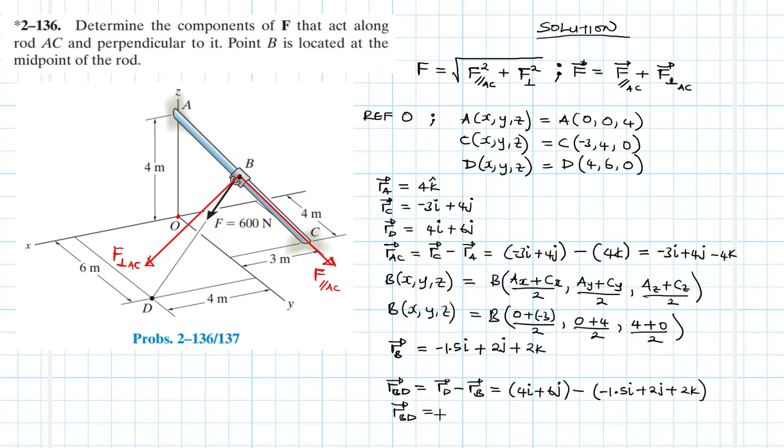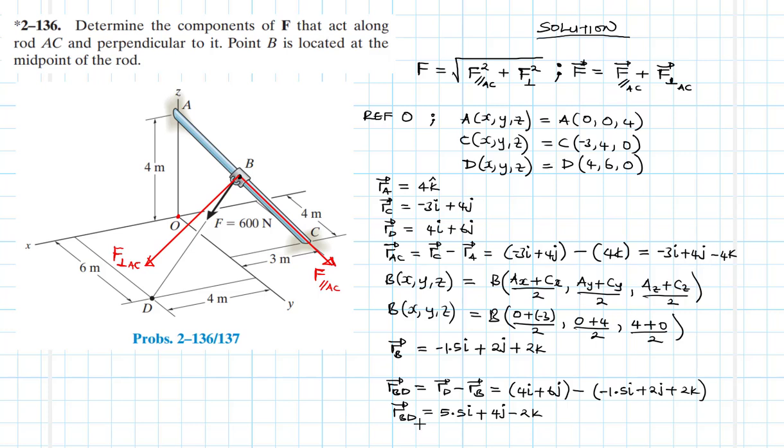Therefore, when we do the subtraction, RBD is going to be equal to 5.5i plus 4j, and then minus 2k.